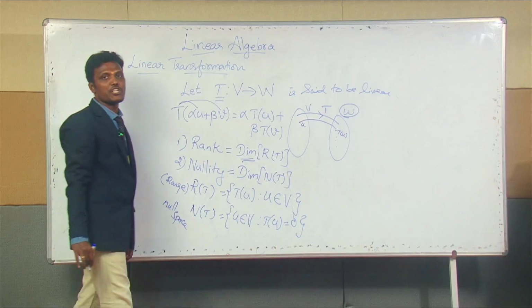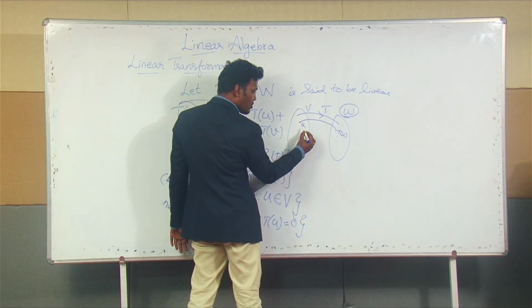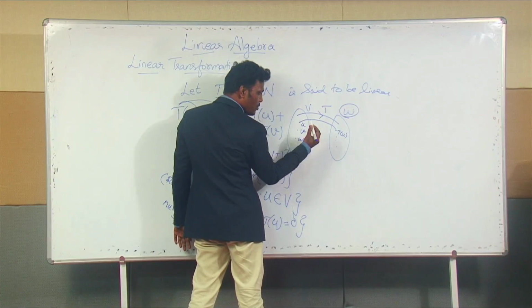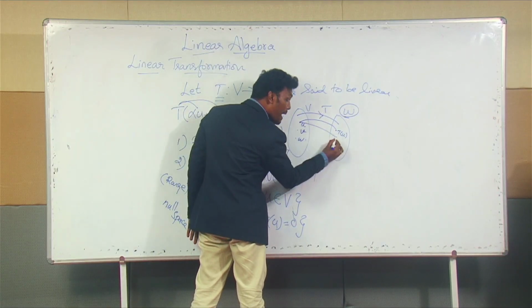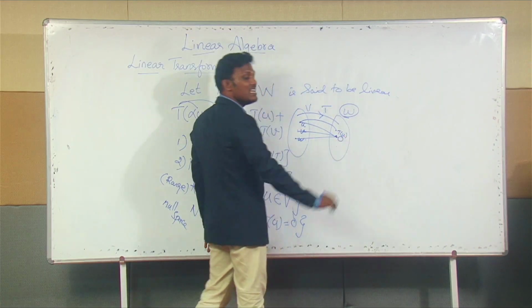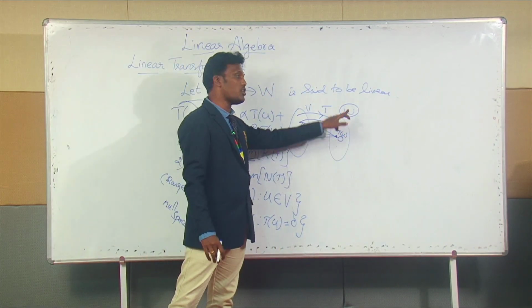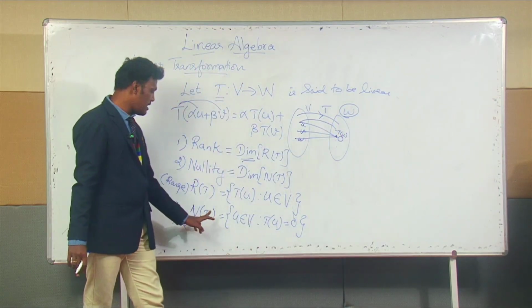This is the definition of null space. The elements of the domain V that are mapped to one element of the codomain, the 0, the identity element of the other vector space, form the null space.